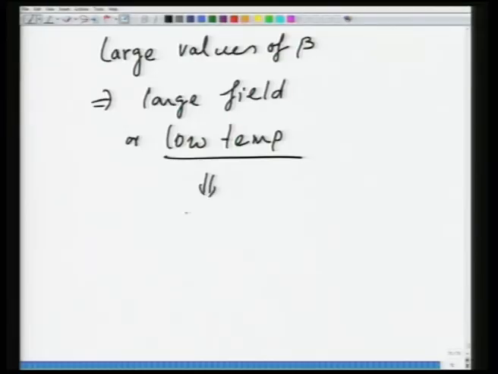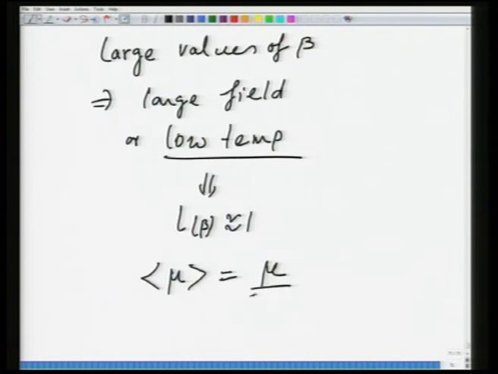Intuitively, then L(beta) will become equal to 1. So, average mu in such a situation would be equal to mu, which means all the dipoles are aligned, and the average dipole moment for each dipole would be equal to mu.